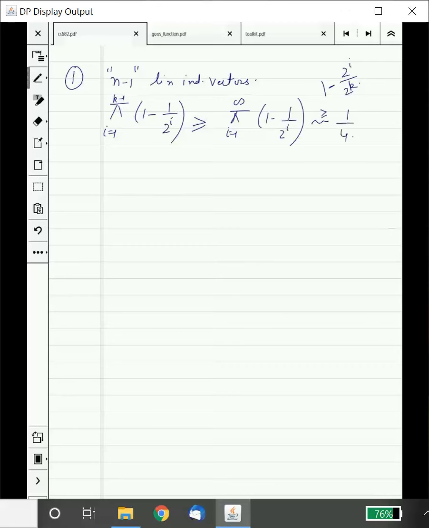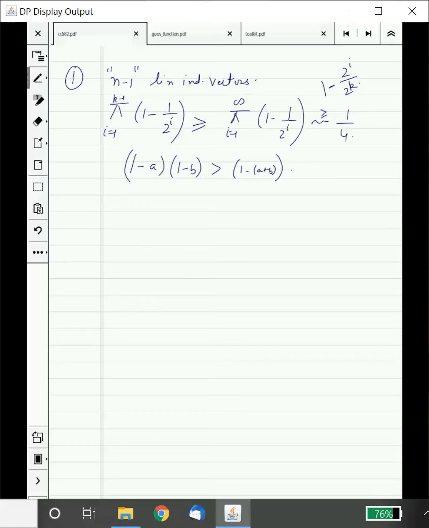You can do it even by this formula, or you can do it by more complicated mathematics, but this shows that with 1 by 4 probability you will get n minus 1 linearly independent vectors.